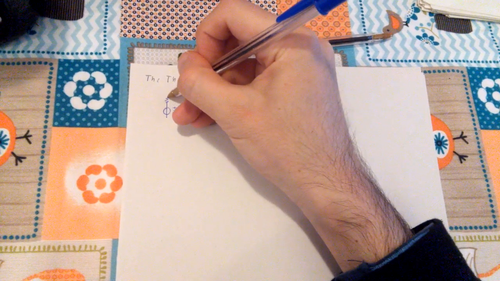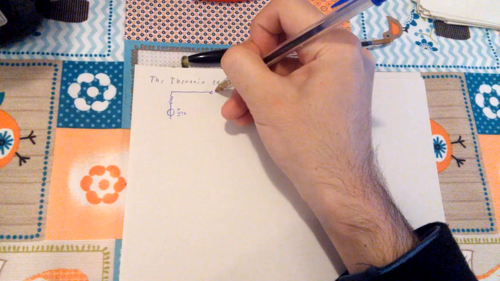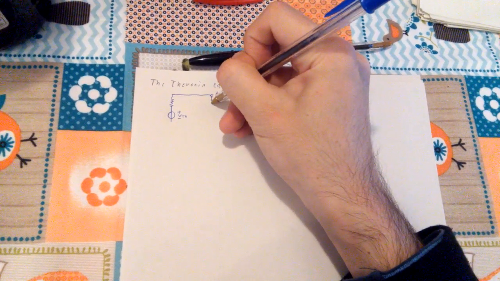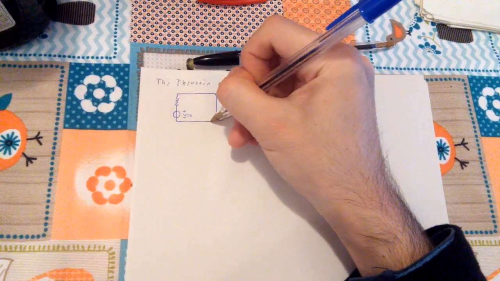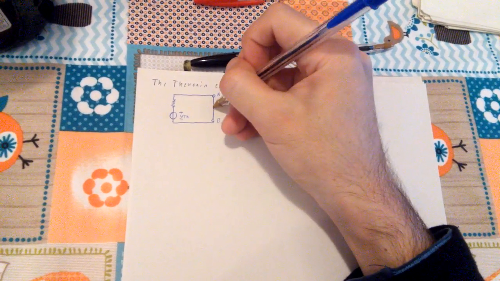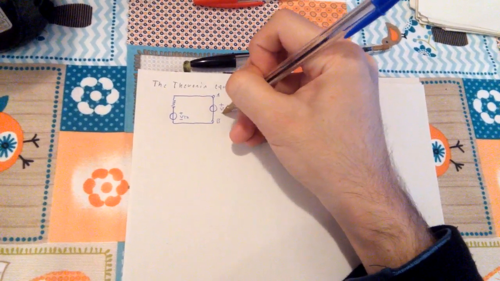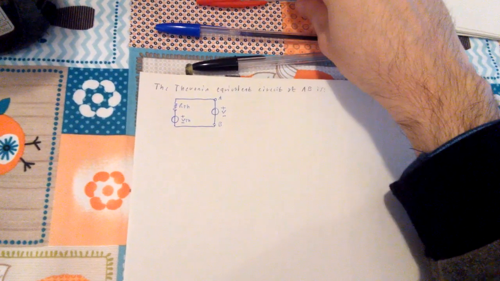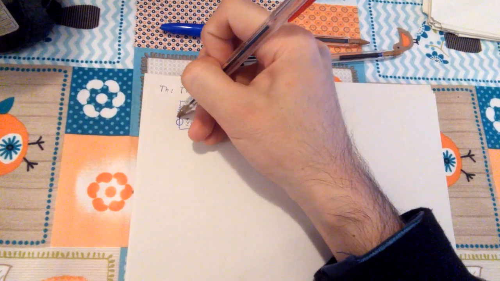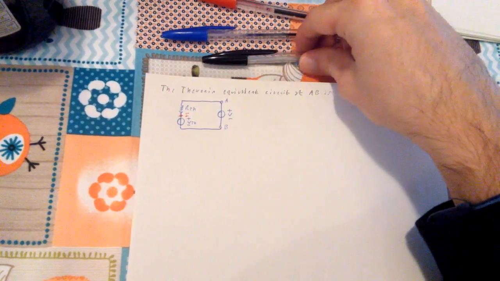Then we have resistance. Then this one is our point A. This one here is our point B. And then here we have plus and minus V. And this, of course, is RTH. The current flowing is flowing this way and is called I.